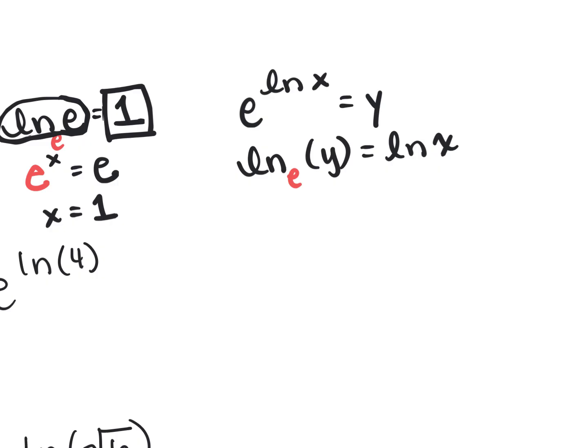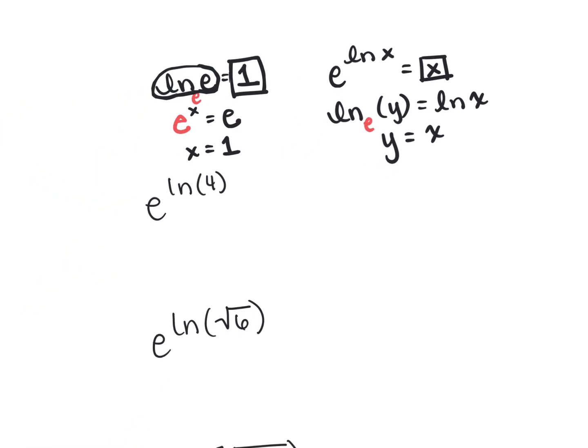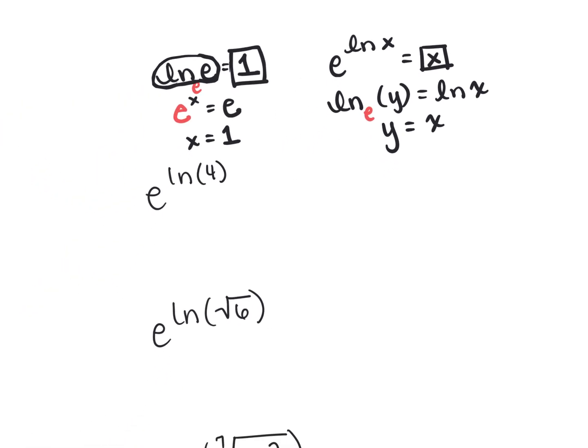So in this case, y is equal to x, because the bases match, the logarithms match, so then what I'm taking the natural log of has to match. So that means that if I have e to the natural log of some number x, then it's just equal to x.